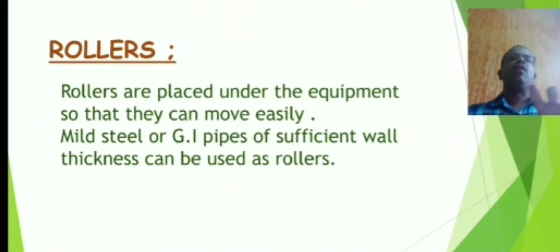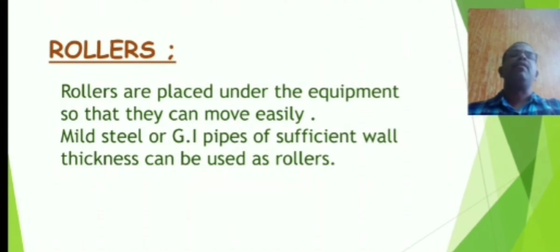Next, rollers. I told you that if you want to get the shaping machine inside the workshop, you have to use rollers. A roller is a round component. Rollers are placed under the equipment so that it can move easily. It is fully round, and you can keep it hollow or solid.